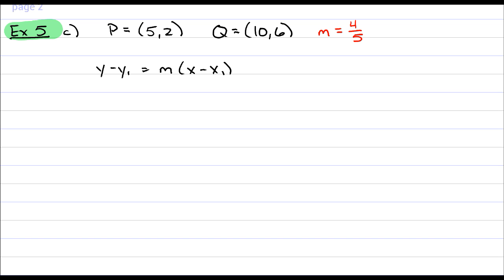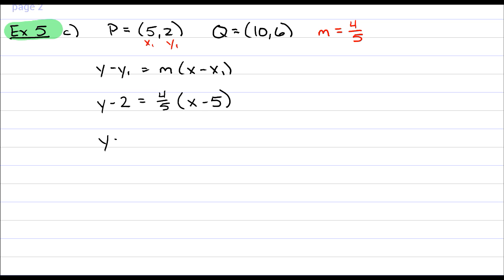And I'll use the coordinates of P for my x1 and my y1. Okay, so then I plug in the appropriate values, and I'm going to have y minus 2 equals, the slope here was 4 over 5, times x minus 5.